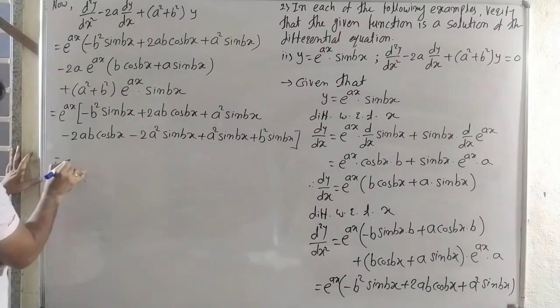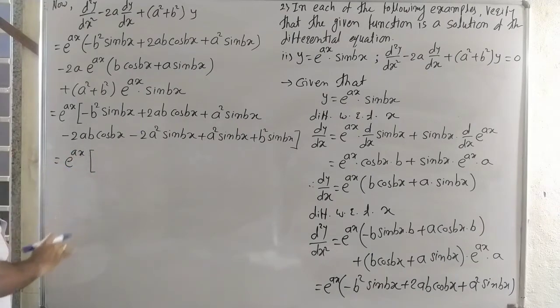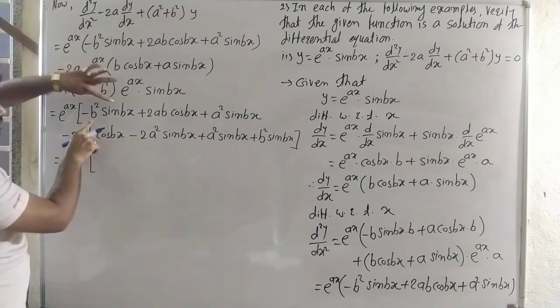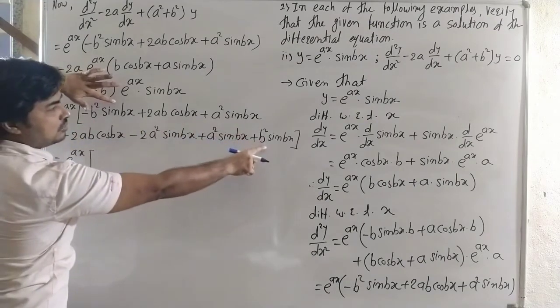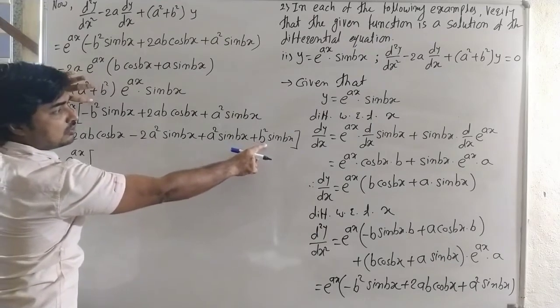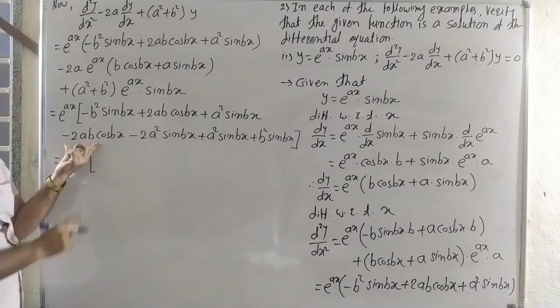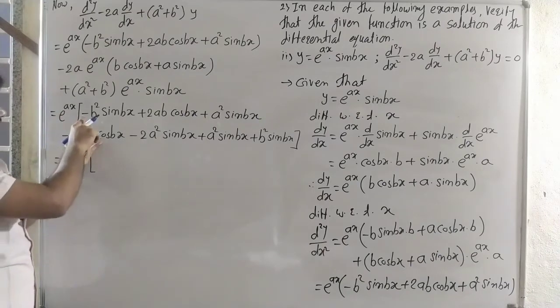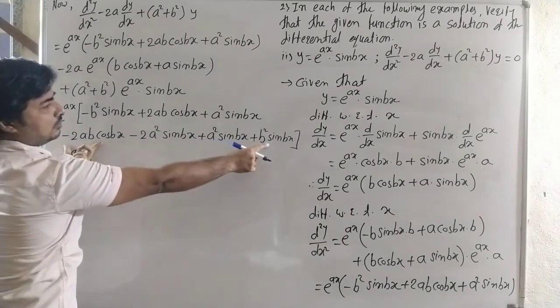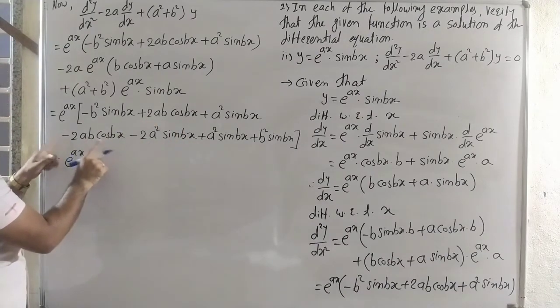See carefully, here minus b square sin bx and plus b square sin bx get cancelled. It is 2ab cos bx and minus 2ab cos bx get cancelled.